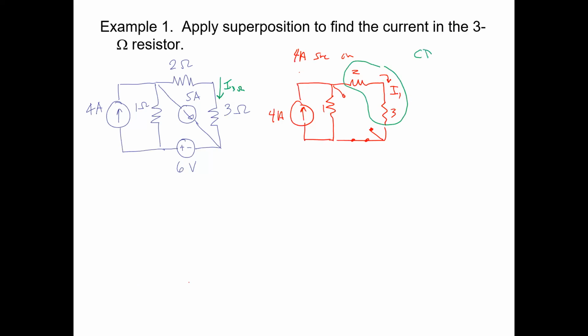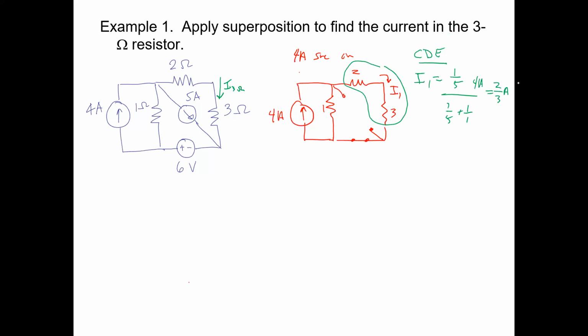And so the current divider equation says that I1 is going to equal (1/5) over (1/5 plus 1/1) times 4 amps, which is going to equal 2/3 of an amp.